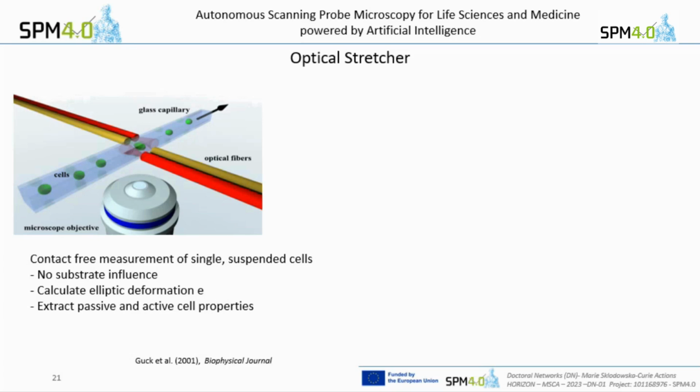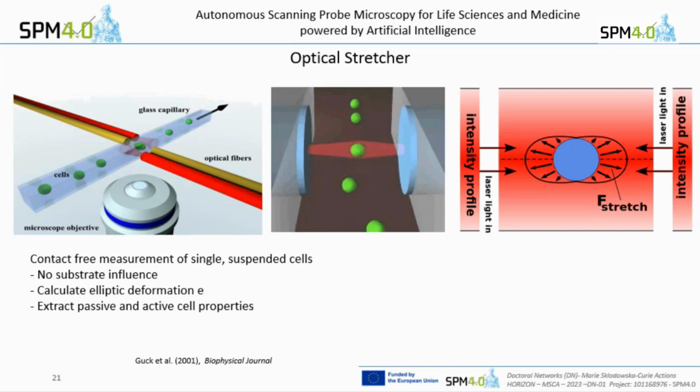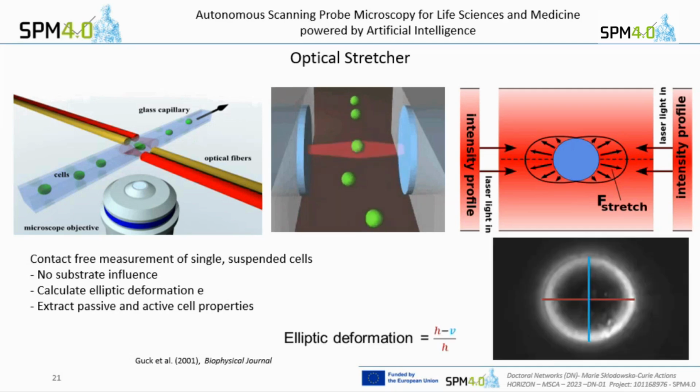The principle is rather simple. You have a microcapillary and you let cells flow through, then you have some lasers that trap the cells, and then another pair of lasers that kind of stretches the cells. And there you have a microscope objective. So you then just make a video and can also, again, analyze short axis versus long axis and get the elliptic deformation.